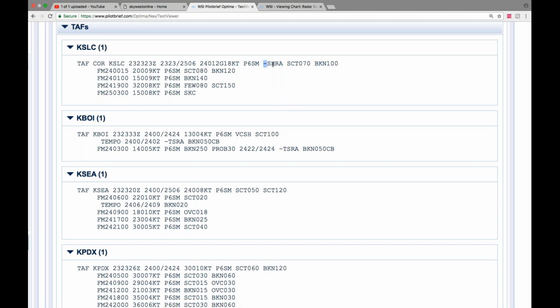So they'll always put the intensity, then the description, and then the precipitation occurring. But we read it as light rain showers because you can't have light showers of rain. That just doesn't sound correct, right? It's light rain showers. Okay, scattered at 7,000, broken at 10,000.